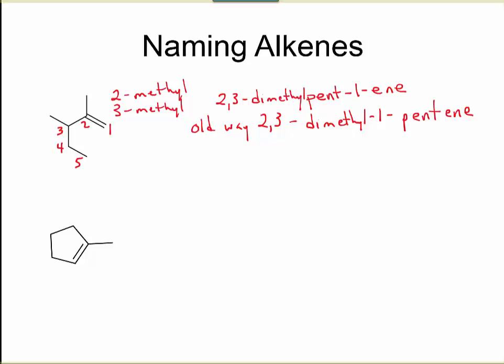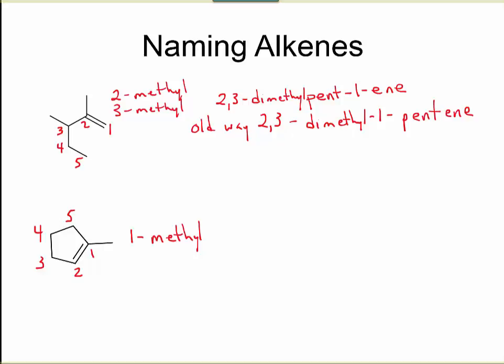For a cycloalkene, the alkene always appears on carbon 1, and you have to number across the double bond so that the other carbon of the alkene is carbon number 2. So here I have a methyl substituted cyclopentene. Now I've got to specify that the methyl group is on carbon number 1, so it's 1-methyl.